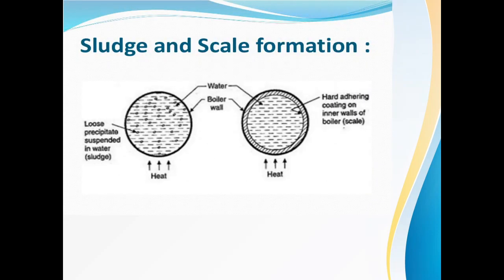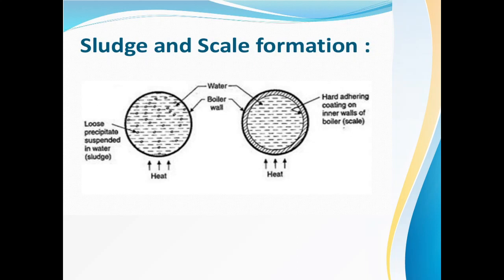Now if we see the diagram here, it shows how sludge and scale formation takes place. In the first case, when we provide heat to the boiler, some salts convert into insoluble salts which are in the form of muddy precipitate. That is known as sludge. Whereas some salts also convert into insoluble salts, but they form an adherent, coherent coating inside the boiler, and it sticks to the boiler wall.